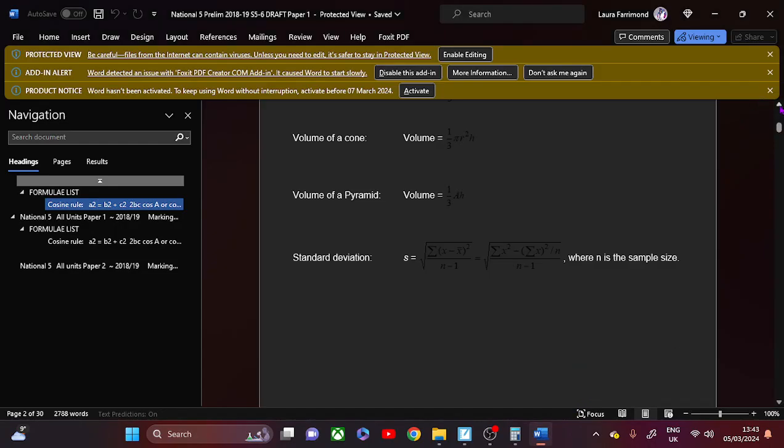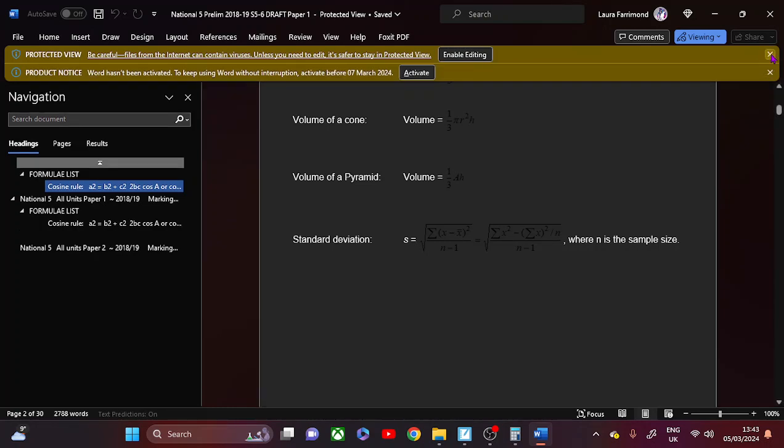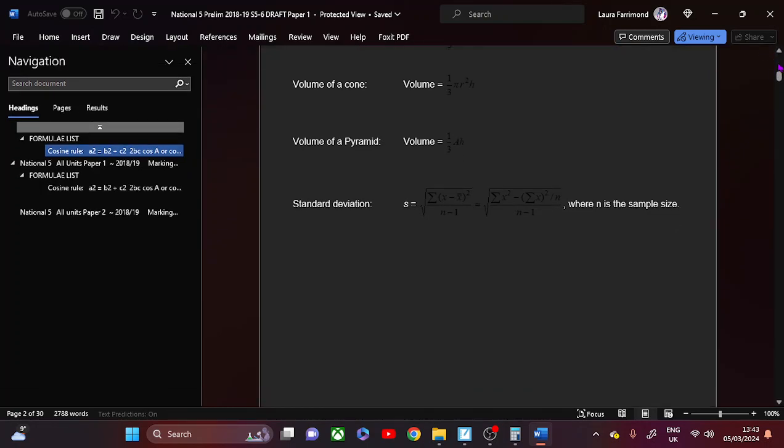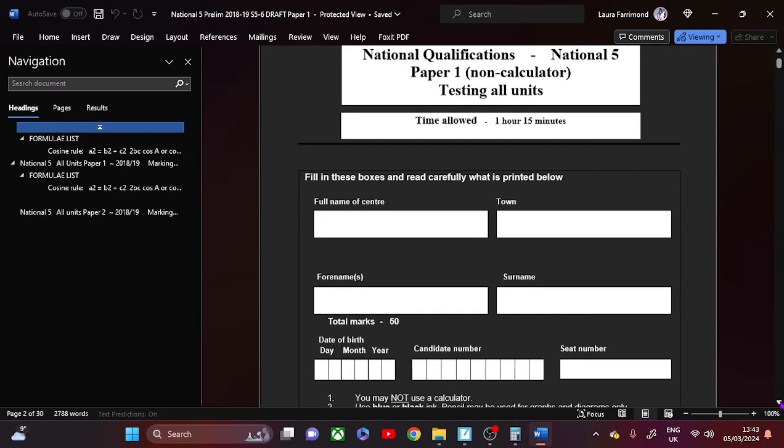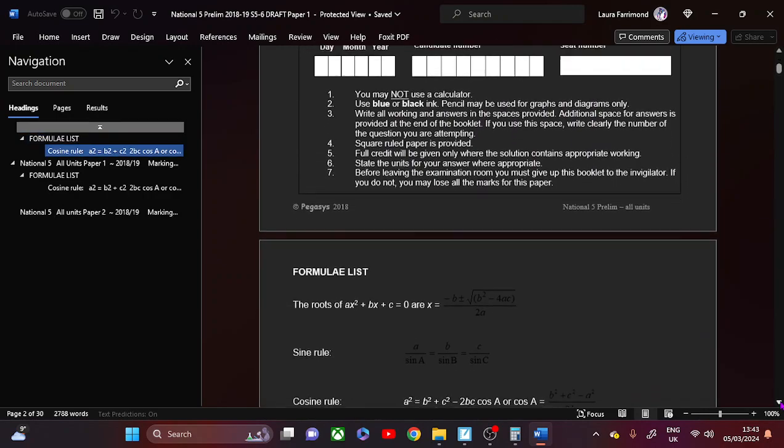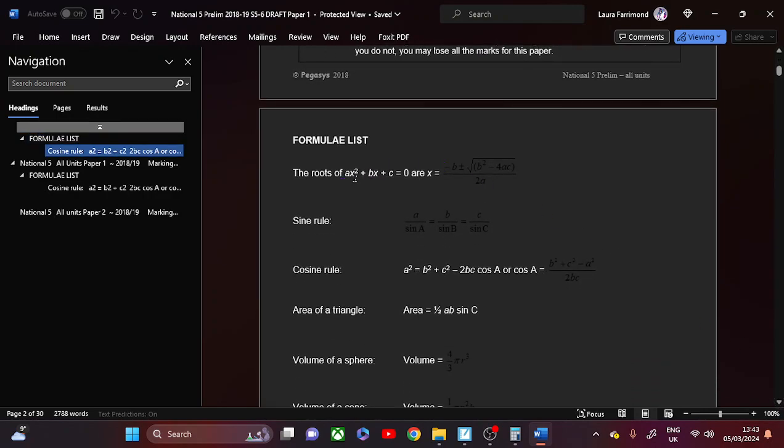Here we go. The roots of ax squared plus bx plus c equals 0 are x equals minus b plus or minus square root of b squared minus 4ac all over 2a.